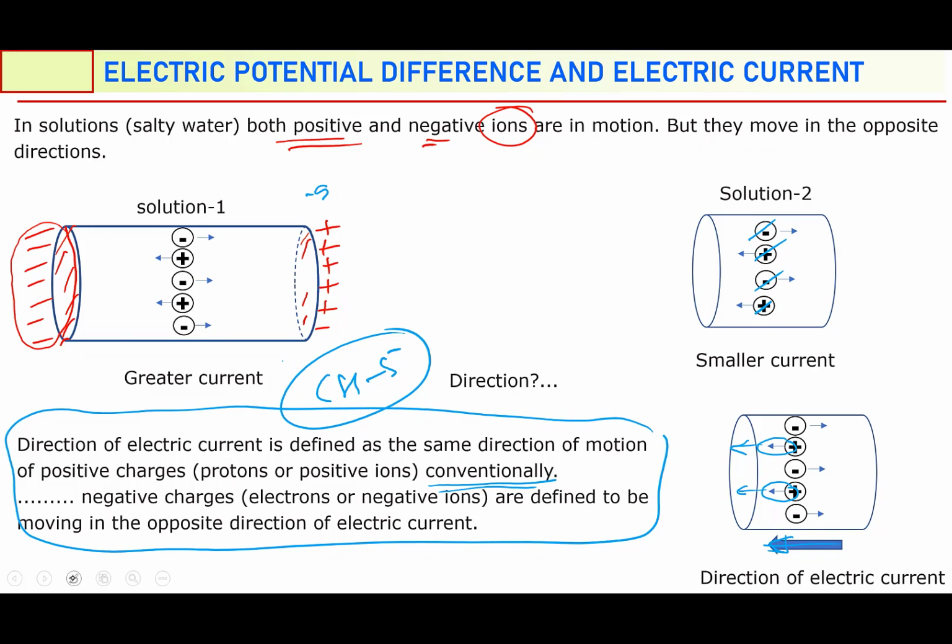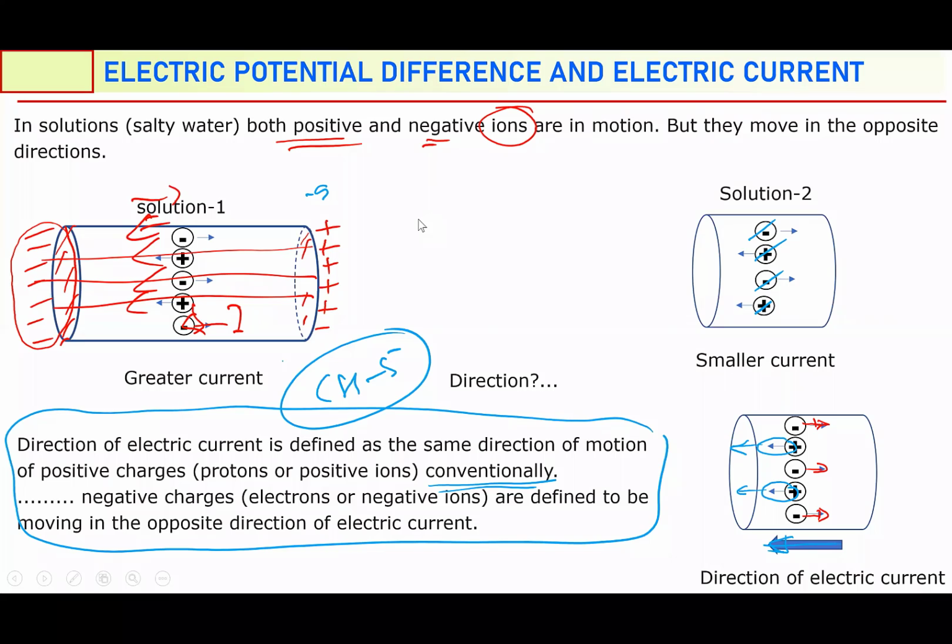As you see here, the electric current is to the left, but the direction of the negative ions is to the right. They are opposite in direction. This is very important. There is a question about this in the chapter 2 questions. You should know this. Electric current direction is always opposite to the electron motion or negative charge motion, and always the same as the direction of positively charged particles or positive ions.